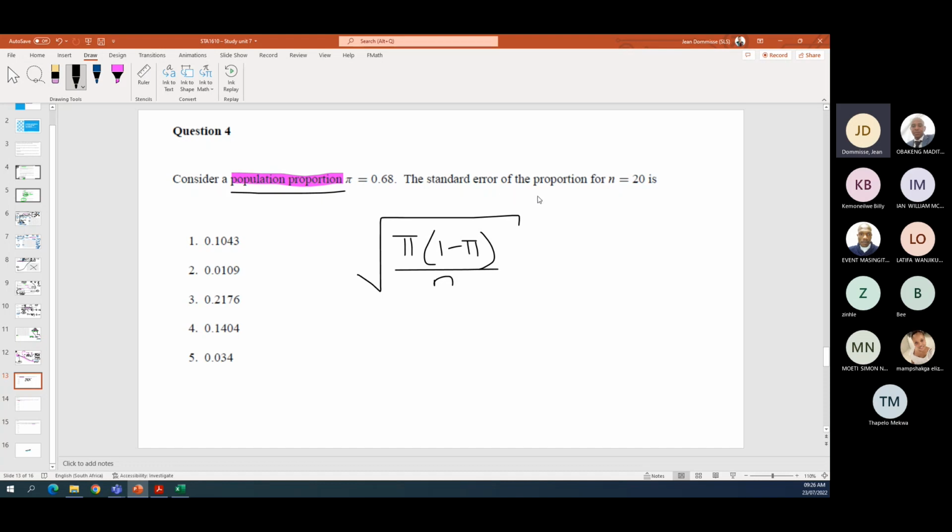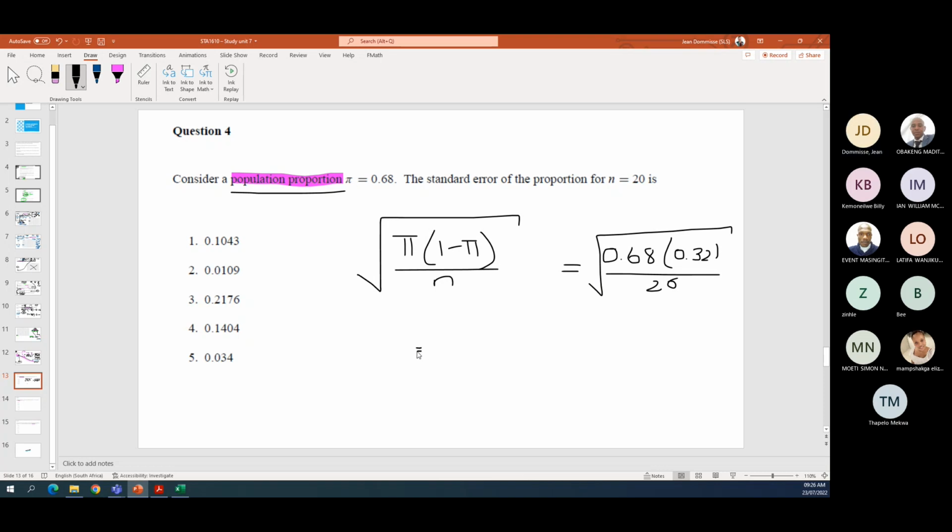Work out the standard error of a proportion for n equal to 20. So 0.68. 1 minus 0.68 is 0.32. If we divide that by the 20, so that is what we need to get.